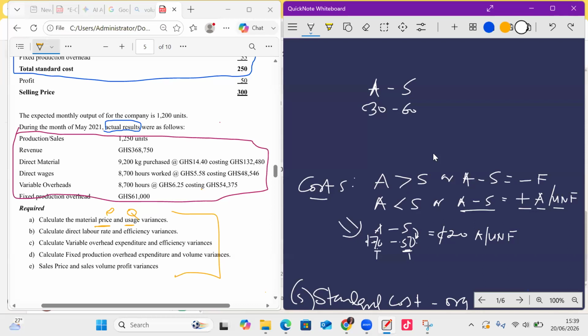These are monetary figures. When you subtract, what do you have? 30 minus 60. Negative 30.